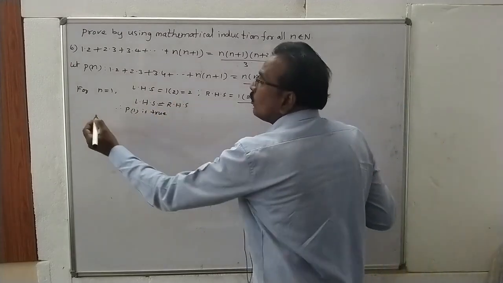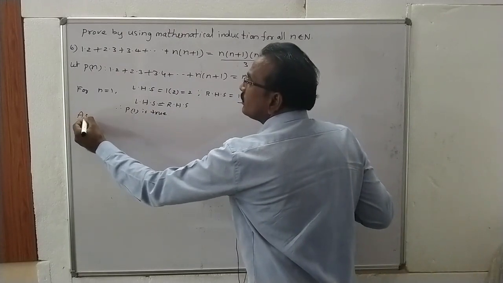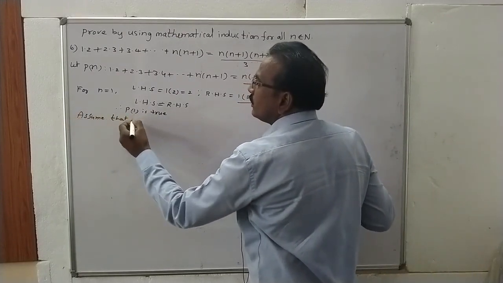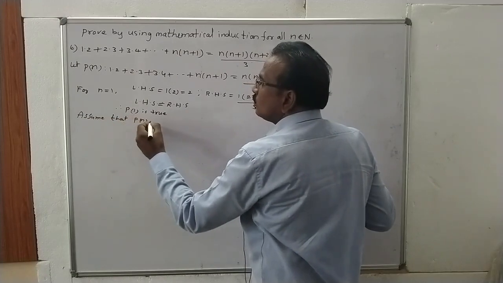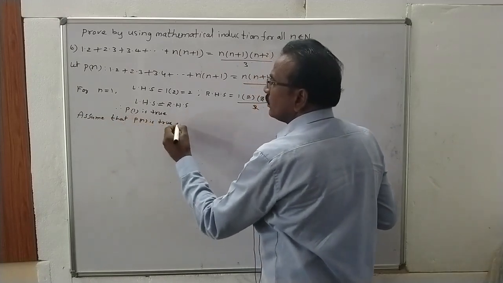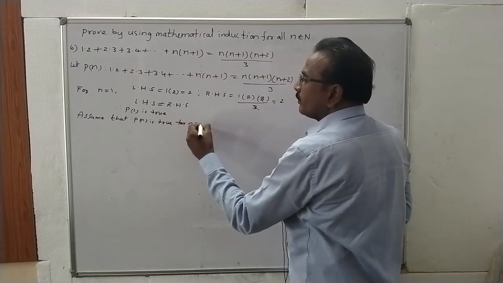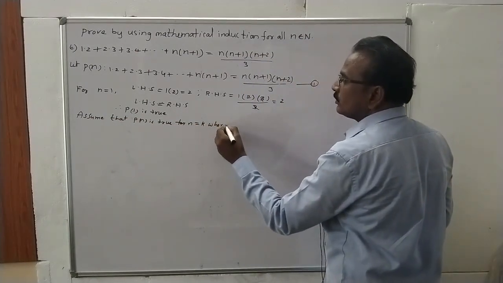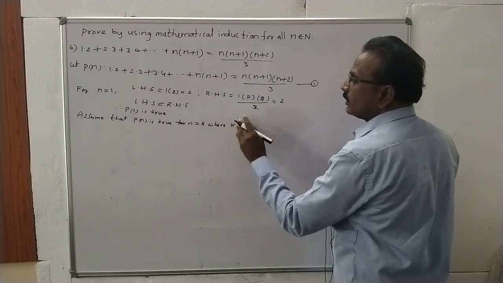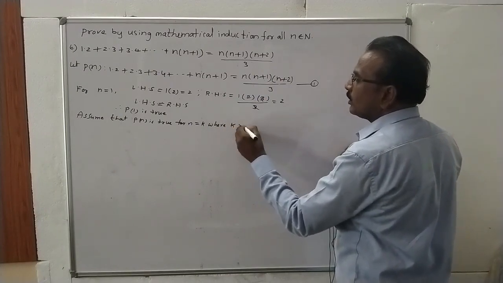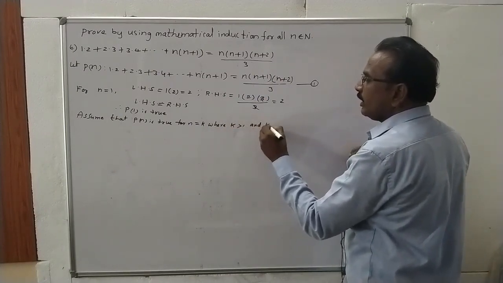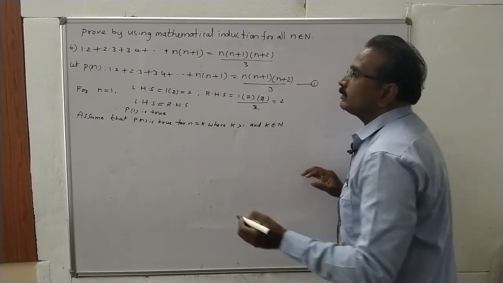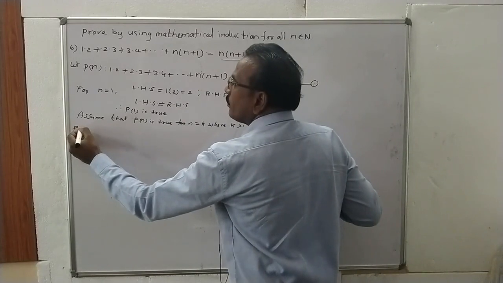Next, the induction step. What is the induction step? Assume that P of n is true for n is equal to k, where k is greater than 1 and k belongs to N. k is any positive integer or natural number, that is P of k.